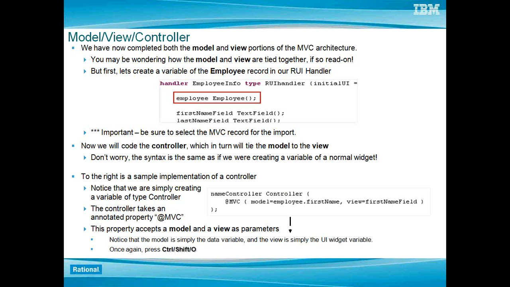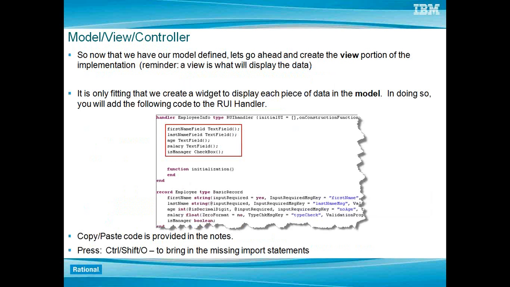Now we will try to code the controller. Now we have created a record that will behave as the model for our page. Then we have created a few fields like first name field, its type is text field. We have created another field like last name field, its type is text field, and same with other fields.